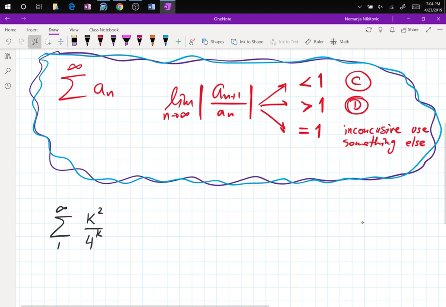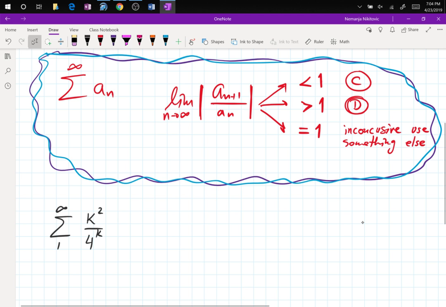Now, by growth rate of functions, I know that k squared is a polynomial and 4 to the k is exponential. 4 to the k is going to destroy k squared, it's a much faster function. So this is going to converge just because 4 to the k is so much faster. It pulls it quickly to 0, and we are going to see convergence on this problem.